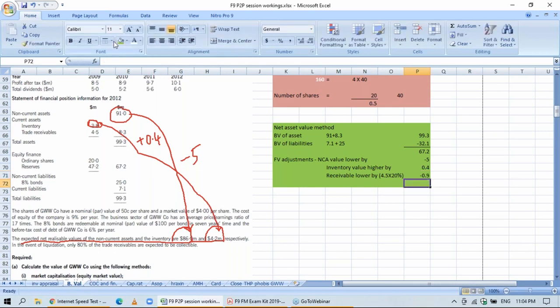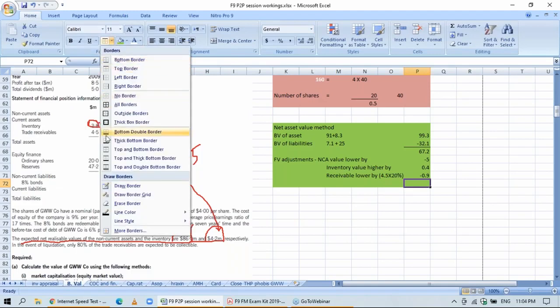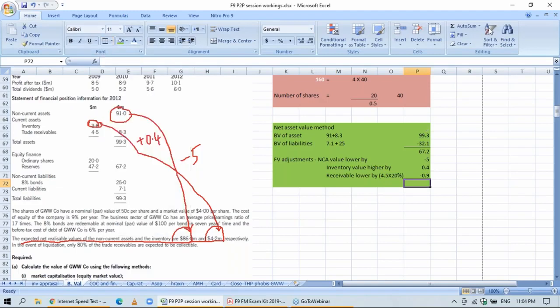Now this gives you the market value on a liquidation basis, the fair value liquidation basis. The book value plus the fair value adjustments gives you 61.7. That's the answer to the net asset value method.